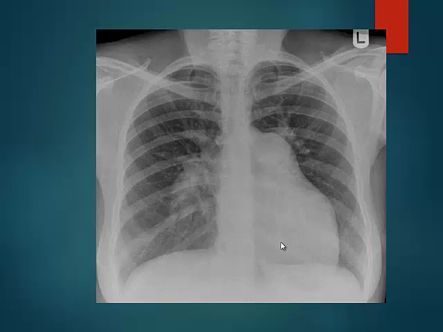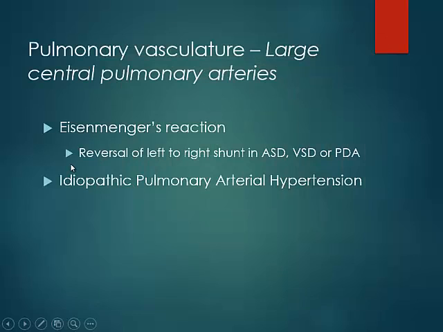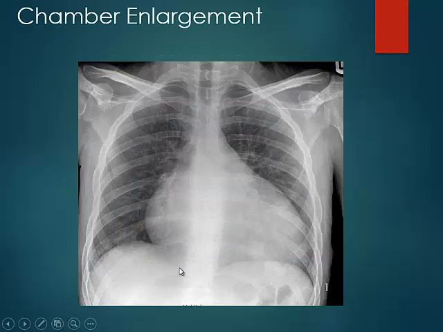So a left-to-right shunt from ASD or VSD or PDA that has gone untreated, and the patient develops reversal of the shunt, now right to left shunt. That's called Eisenmenger's. Dr. Mike Rubens is going to speak about congenital heart diseases on Saturday, and he's going to touch on this. But there are only two conditions that would cause massive enlargement of the central pulmonary arteries like this: Eisenmenger's and idiopathic pulmonary arterial hypertension.